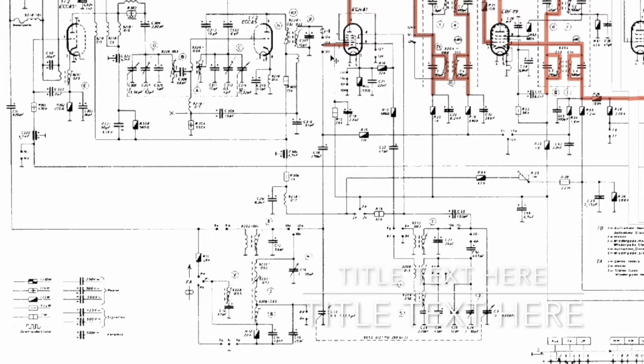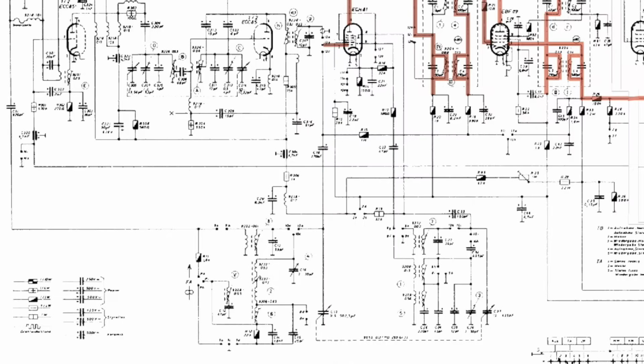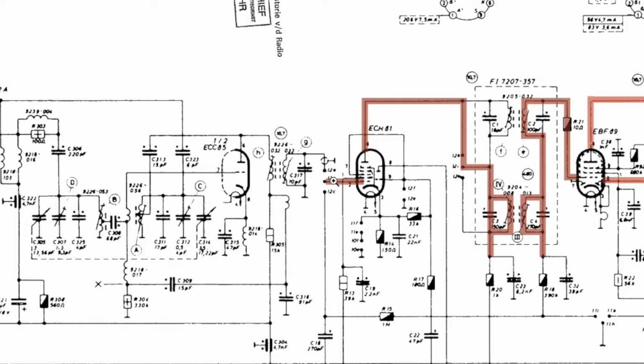Now that we've got the entire IF line completed, we know that if we send to this point here a modulated signal at the IF frequency, it is going to go through the RF chain in its optimum condition, and that's what we need.